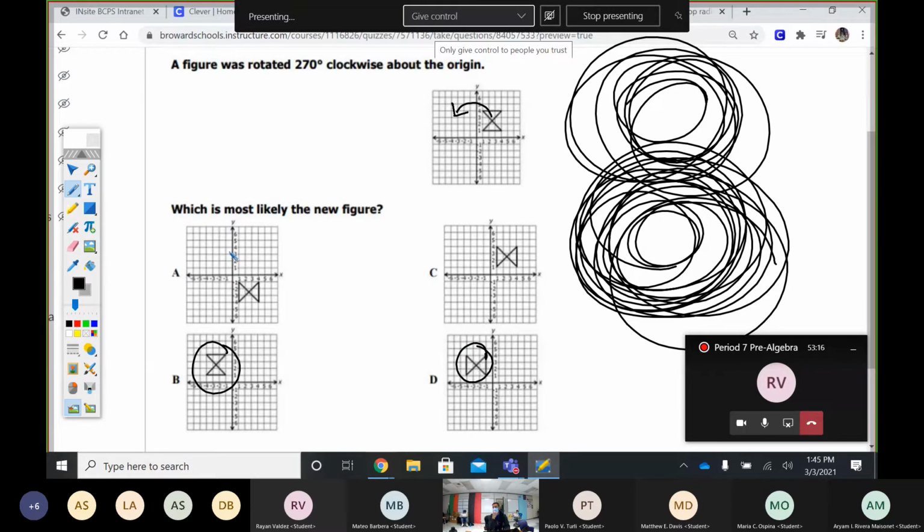D. Why is it D though? Because you're rotating, right? You have to remember that when it's in that box right there, it has to go to the next box over, but if you go to the next box over, it also has to rotate.